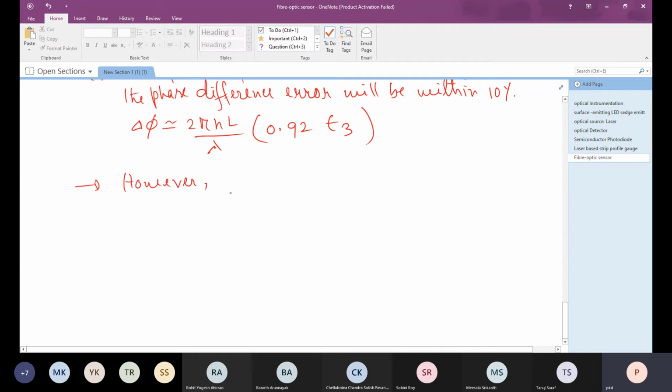If we do not want too much non-linearity, we may avoid iron-based magnetostriction. In that case, that will be very sensitive, but non-linearity will be too high. So nickel is a moderate one, but still it has non-linearity. But if we want to reduce it further, we may have to use some special diamagnetic material where the linearity is further enhanced.